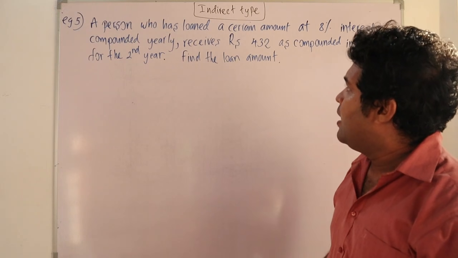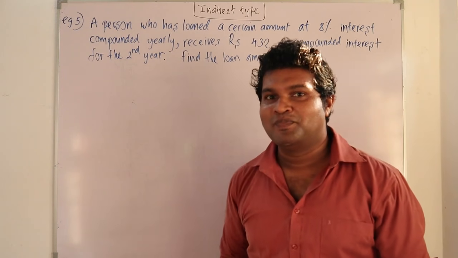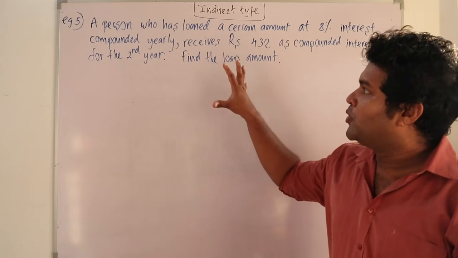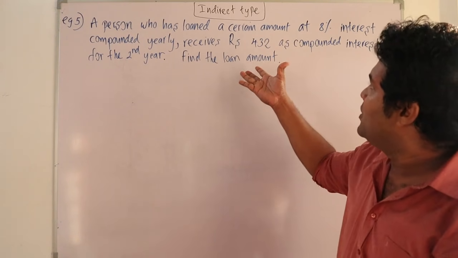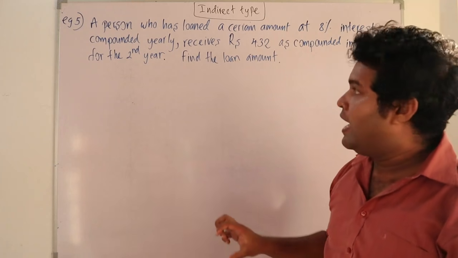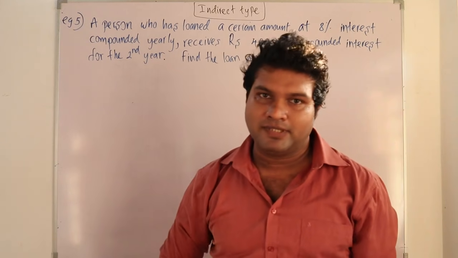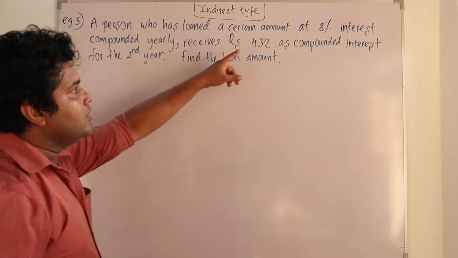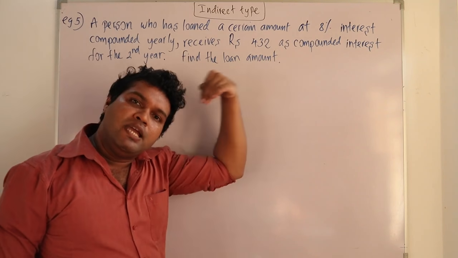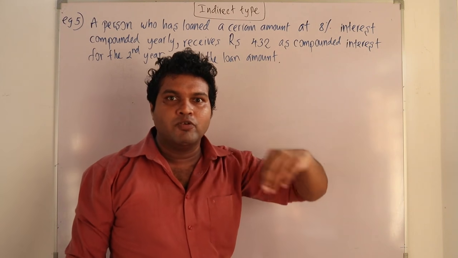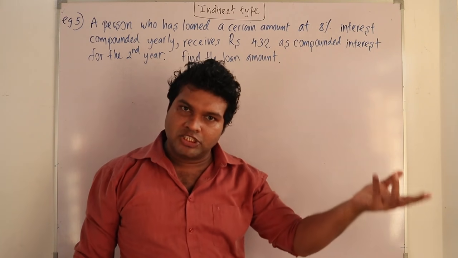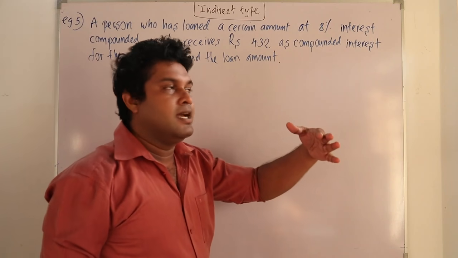Okay, how to get it? What did I tell? Before you go to a solution or get scared, you have to read the question carefully and understand what the data is. What's the data? 432 is the data. Then what's the meaning of the data? Generate an expression according to the meaning of the data, then you can solve. Data is 432.